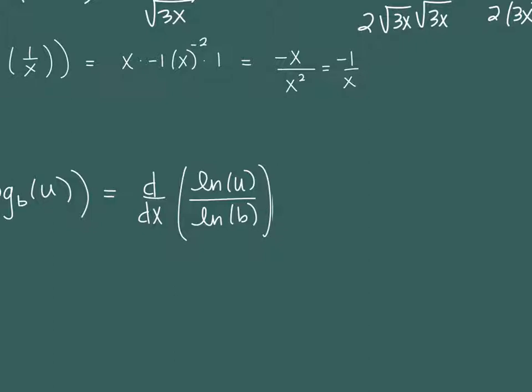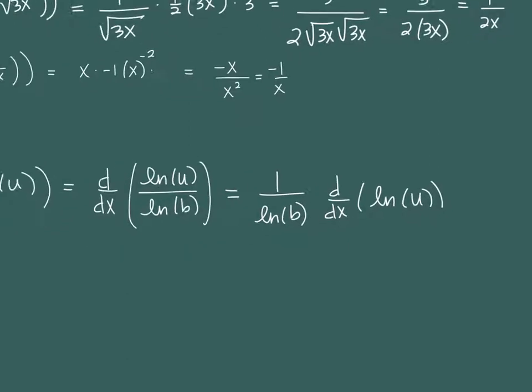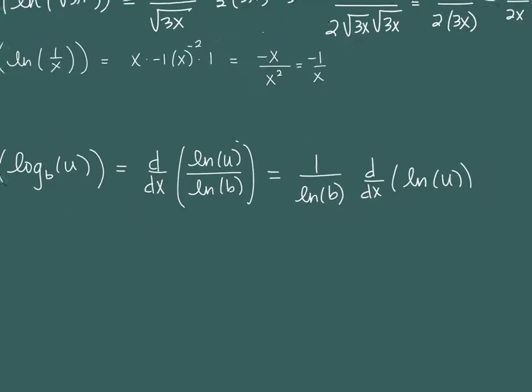It's not a rational number, it's irrational, but it's still a constant, which means you can pull it out to the front. And then all you have left is the regular derivative of the natural log of u. So that helps out a lot, the fact that you can pull the constant out.